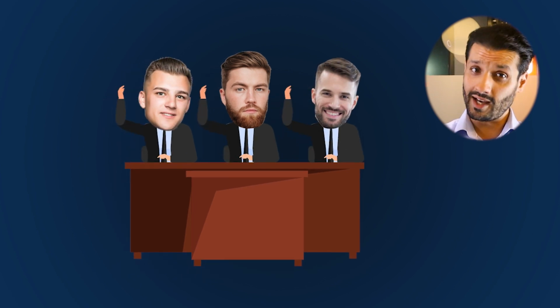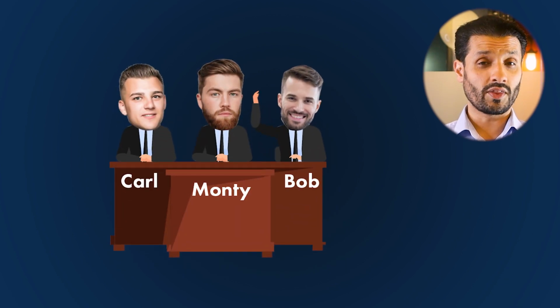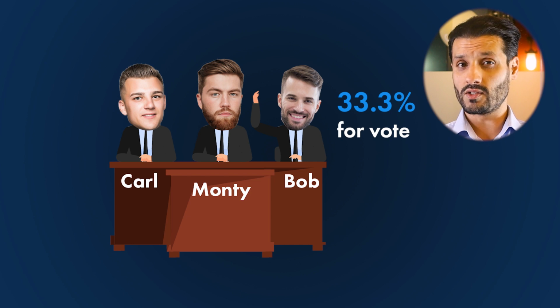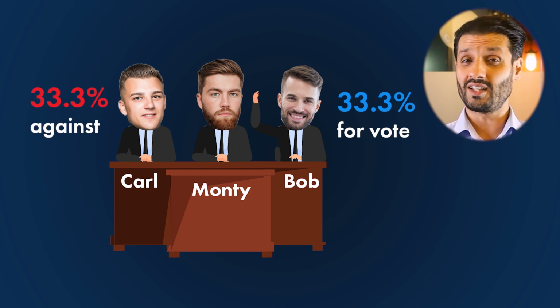The trio decide to hold a physical meeting at their head office and vote simply by raising their hands if they vote for, or not raising their hands if they vote against Bob taking a director loan from the company. At the meeting, Bob votes for by raising his hand, and so that 33.3% of the vote is cast. Carl votes against by not raising his hand, and that is 33.3% against.